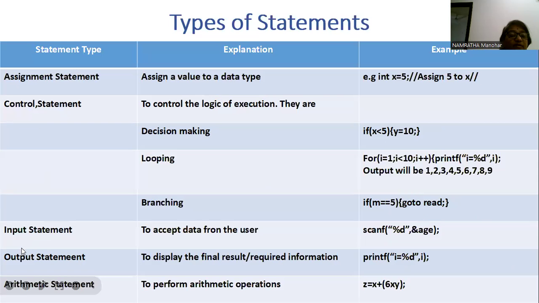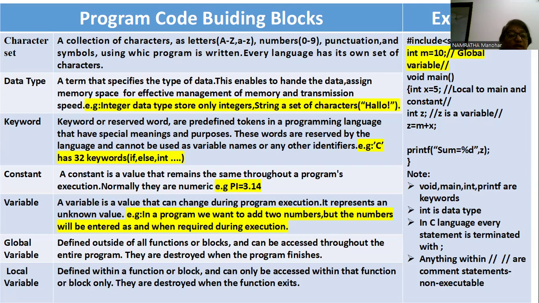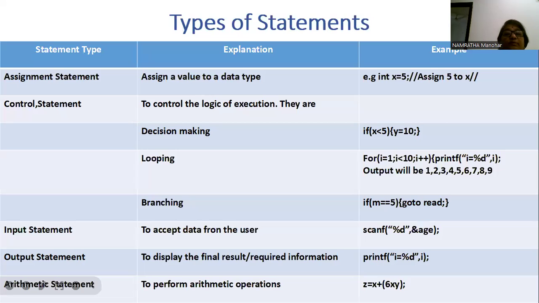Global variable, I have explained to you what it is, and local variable, I have explained to you what it is. Now we'll see some more. What are the types of statements? We need to know what statements can be used in a particular language, right? Now, we have what are called assignment statements, control statements, input statements, output statements, arithmetic statements.